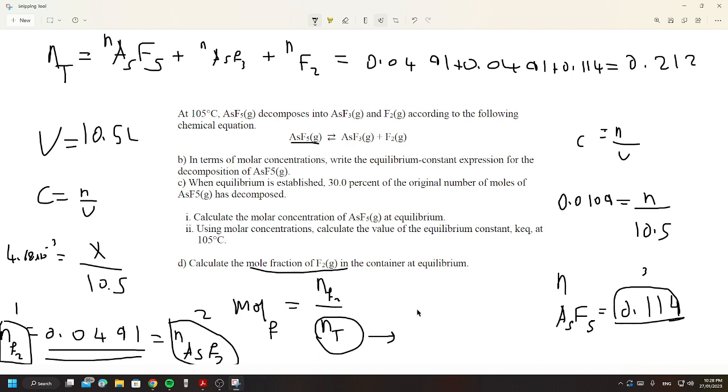And the number of moles of F2, we got it to be 0.0491.